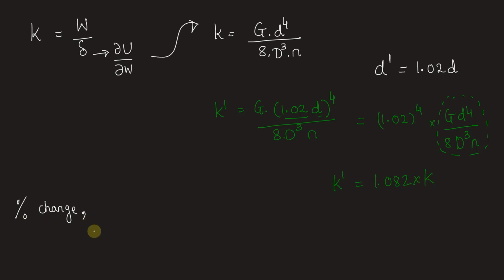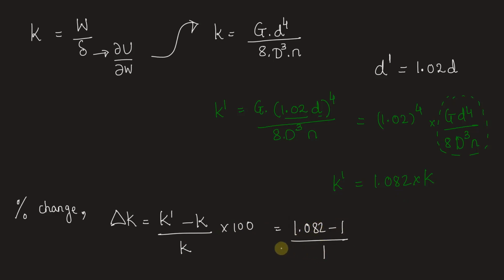To calculate the percentage change, we will use delta K is equal to change in stiffness, that is new stiffness minus original stiffness, per unit the original stiffness, into 100. Substituting these values, we get 1.082 minus 1 divided by 1.